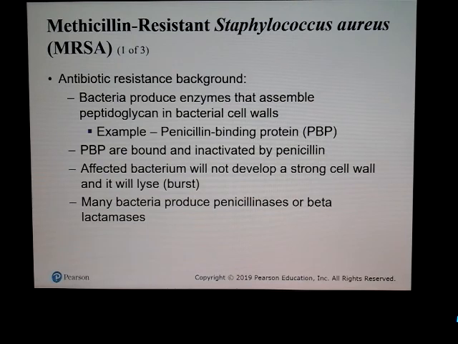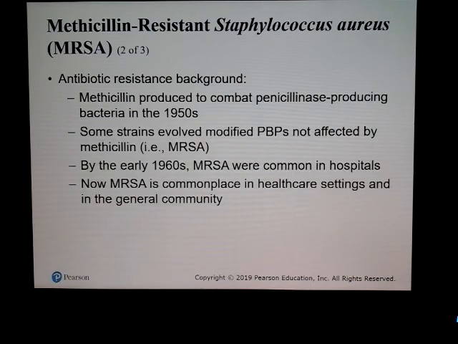And what that does is it makes the bacteria, because it can break down penicillin, resistant to penicillin and methicillin. So methicillin was first used in the 1950s.